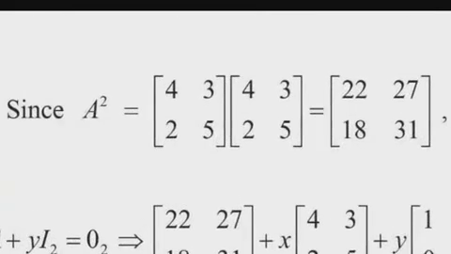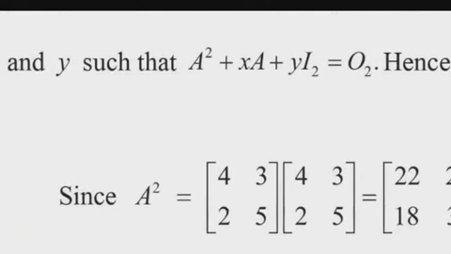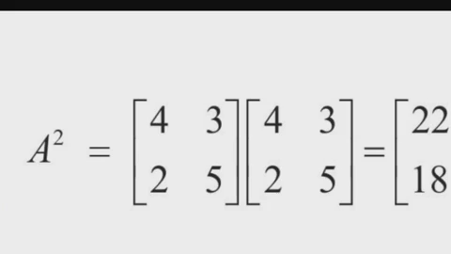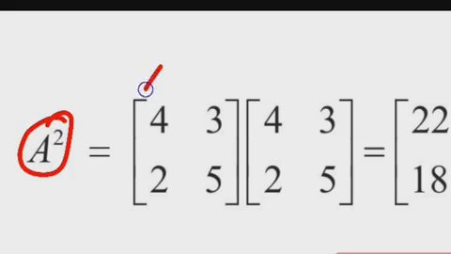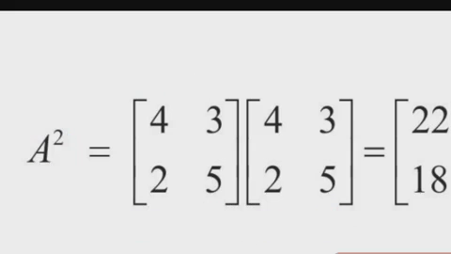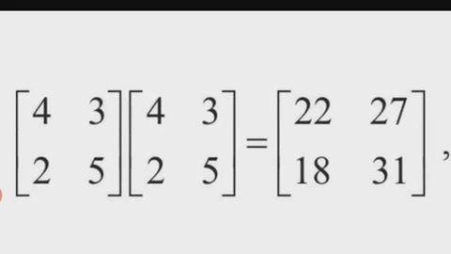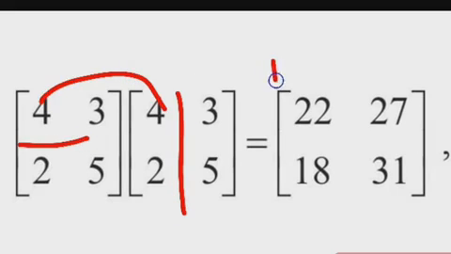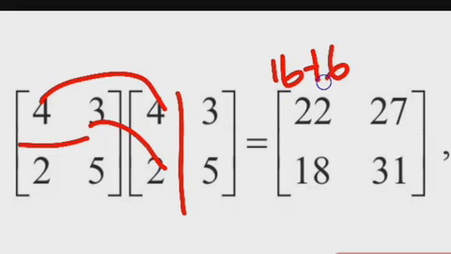So first you have to find A square. We know that A value is [4 3; 2 5]. So A square equals A into A. Using normal matrix multiplication, 4 4s are 16, 3 2s are 6, 22.